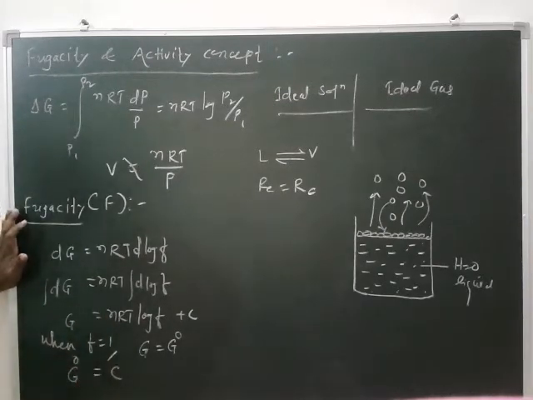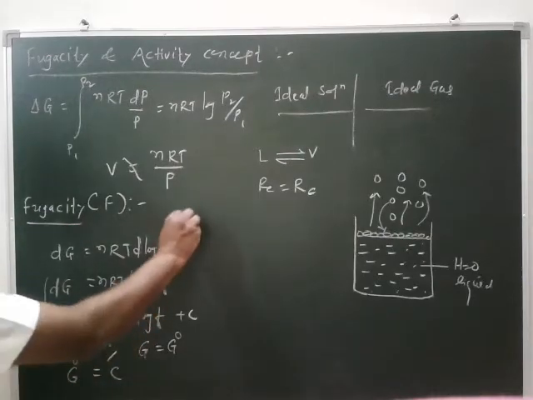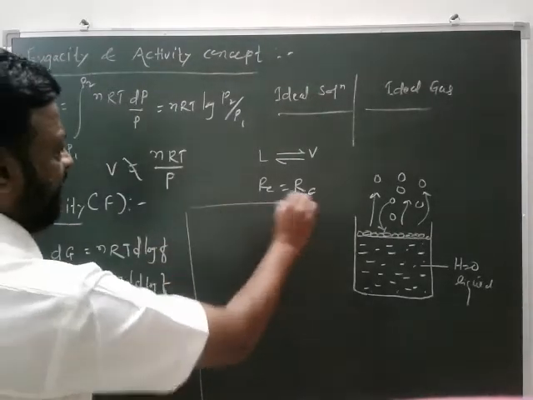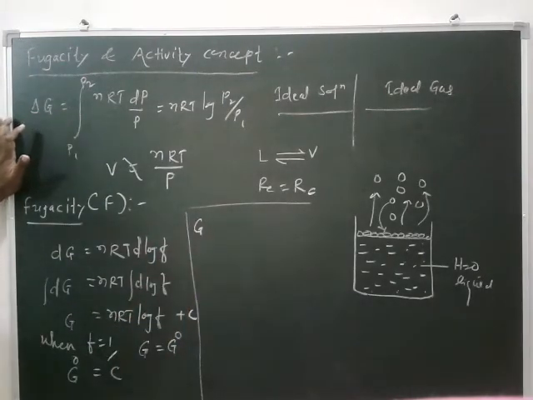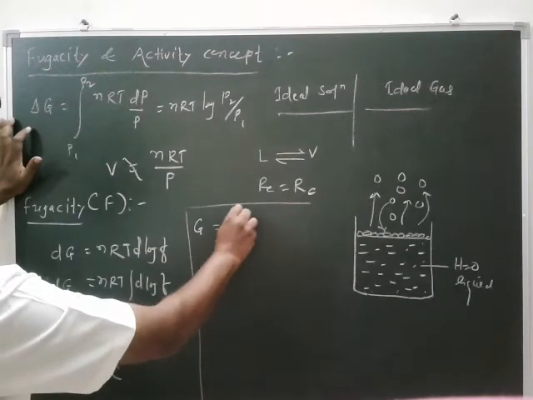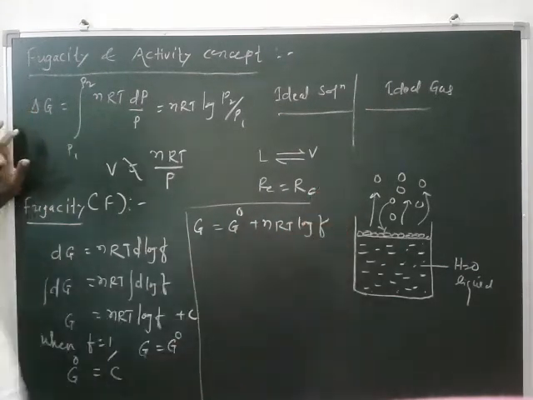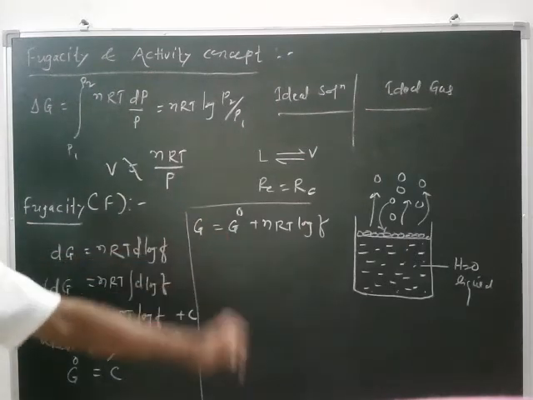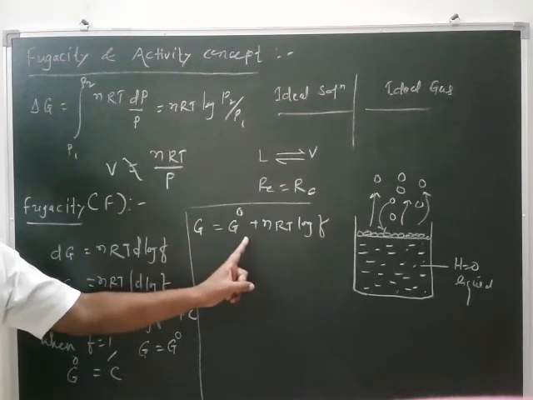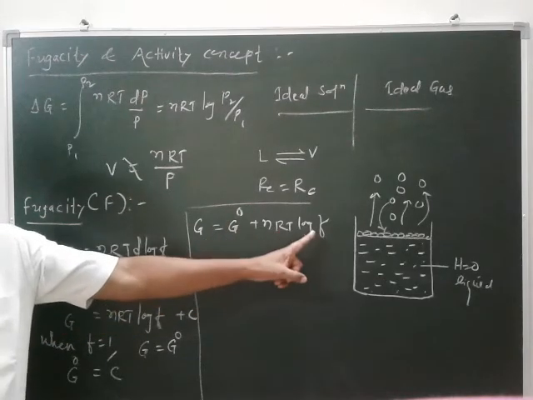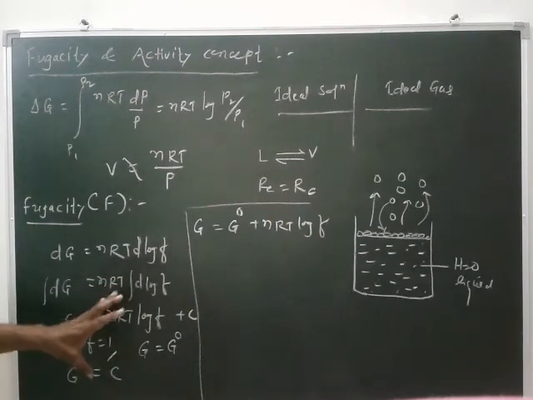So G0 is equal to C, and the equation becomes G is equal to G0 plus nRT log F, where G0 is the standard free energy and F is the fugacity.